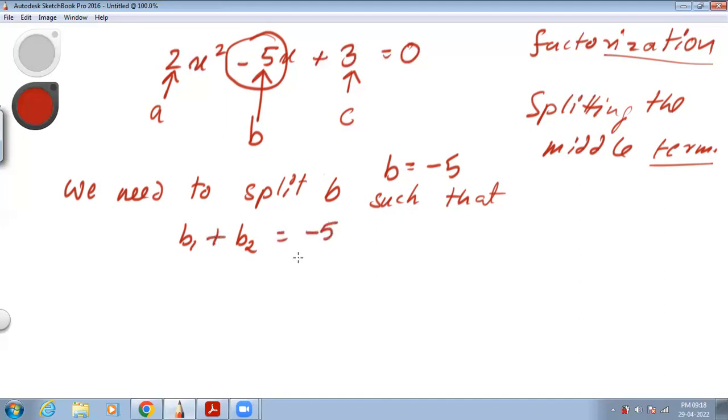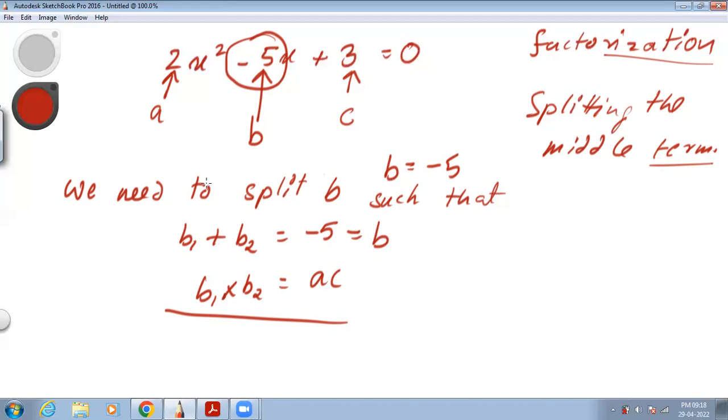Okay, they add up to being the same number, and B1 into B2 is equal to AC. Now, when you put it in these variable forms, it becomes a bit tricky to understand, right? In this case, when I'm writing minus 5, I'm actually trying to write B. Okay, so B1 plus B2 is equal to B. That is, you split the middle term such that B1 times B2 is equal to AC.